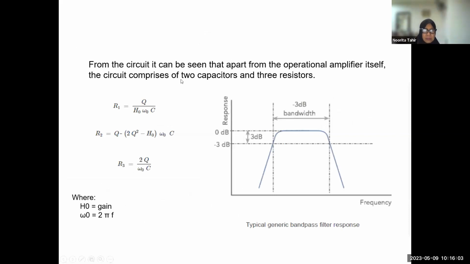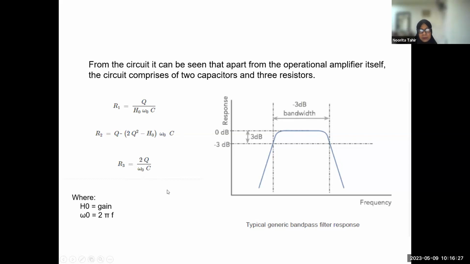From this circuit we have R1 is Q, H is for us to compute this, where H is the gain, and this one is the 2 pi F, and R2 is as such.